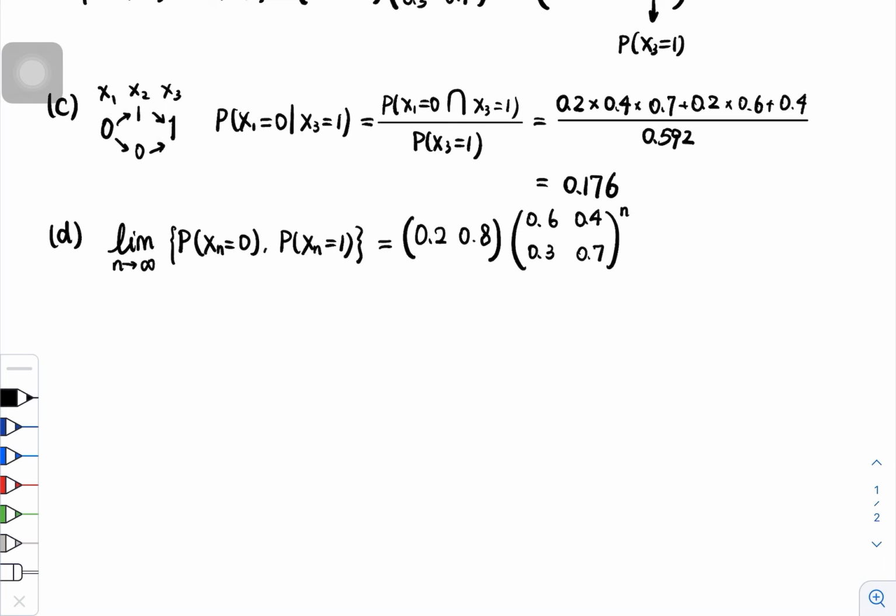When the system is stable, the final situation does not change when it times this probability.